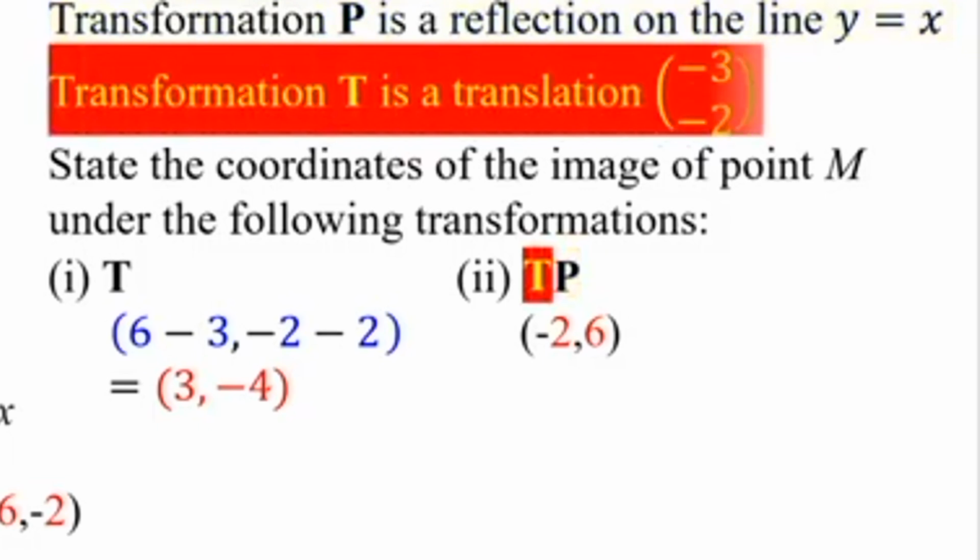Okay, followed by, we will use -2, 6 as our object to do the transformation T, which is easy, which is translation -3, -2, right? So when there is a translation, you don't have to move, you just take -2 minus 3, so we got -5 because you move to the left, isn't it?